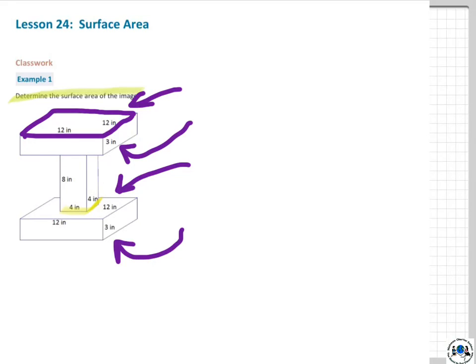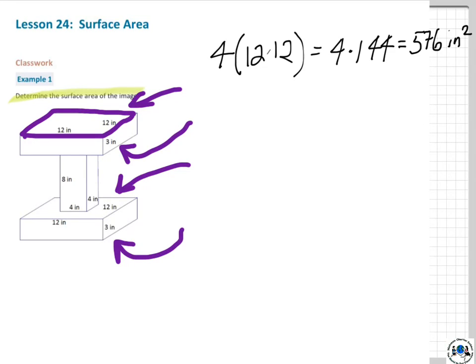I'm just going to take care of all of the potential surface area, let's say. So that's going to be 4 times 12 times 12, because those are 12 by 12 squares, and that is going to give us a total of 576 square inches for those 4 surfaces, okay?